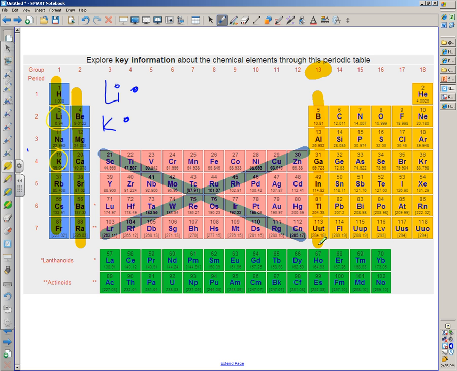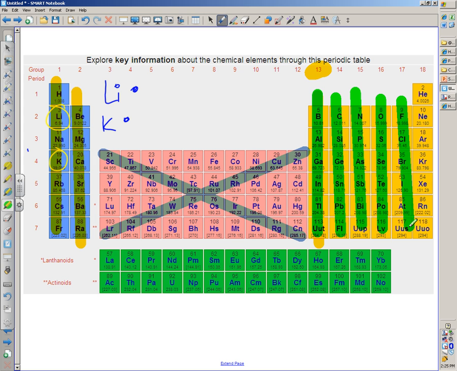So 3 here, 4 here, 5 here, 6 here, 7 here, 8 here. And if you look at their group numbers, 13 has how many valence electrons? 3. 14 has? 15 has? The next element that shows up on your outline is what?